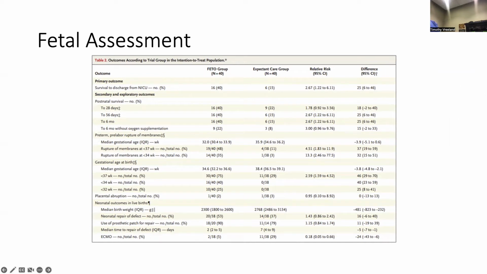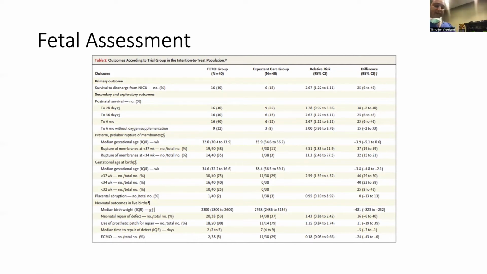The other things, let's see, where's the survival without oxygen? At 6 months, you see that almost 80% of babies are still needing oxygen supplementation without feto, it's 8%. And then you can see that only 5% of patients needed ECMO in the fetal group versus 30% in the expectant care group. So there's some benefits.